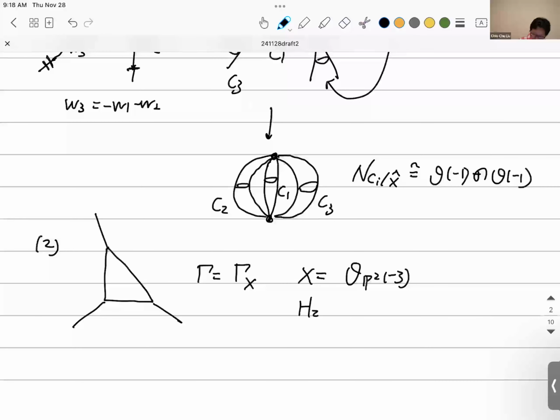So we know the second homology class is generated by the class of a line in the zero section P2.